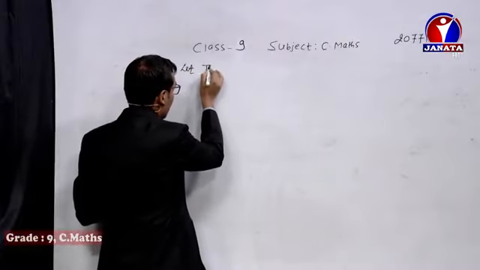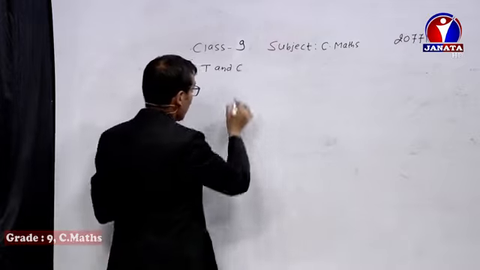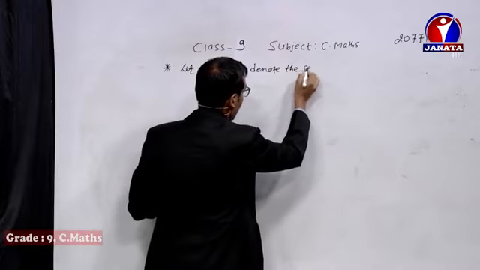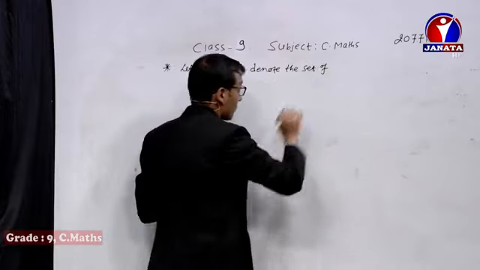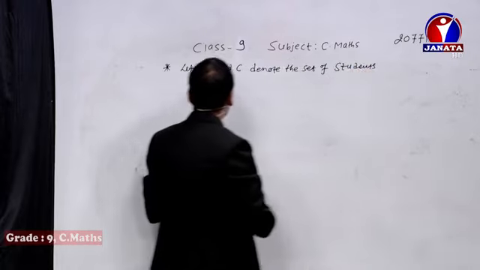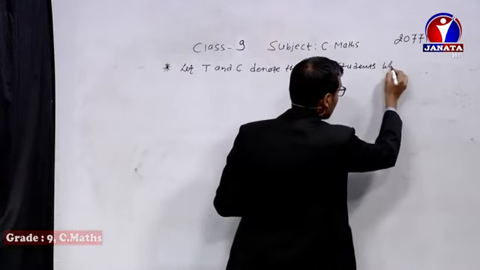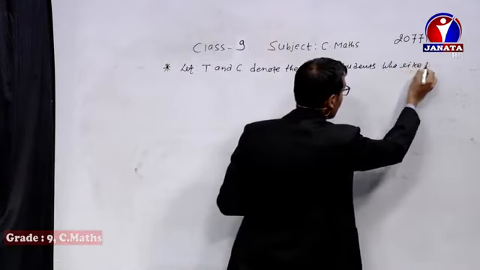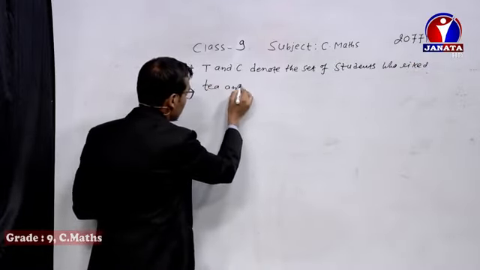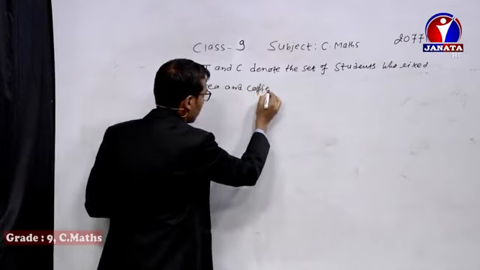Let T and C denote the set of students who liked tea and coffee respectively.